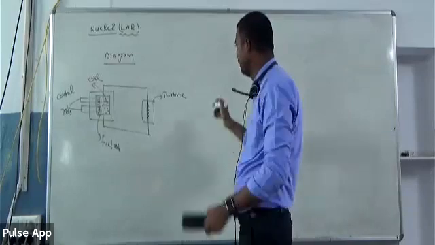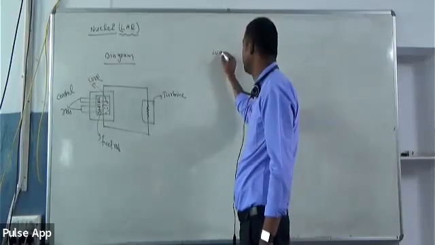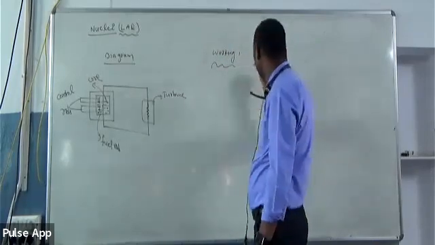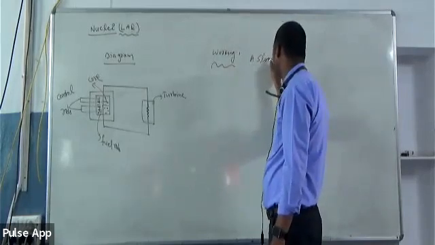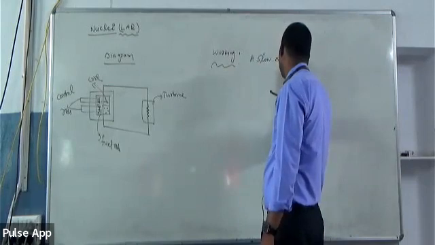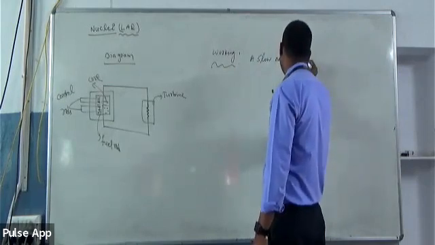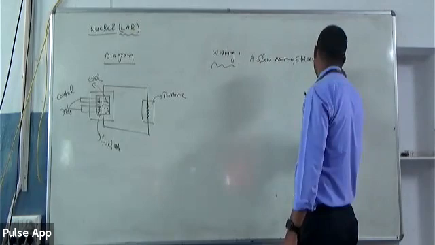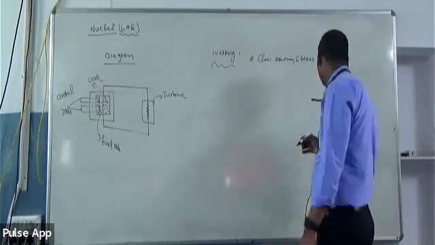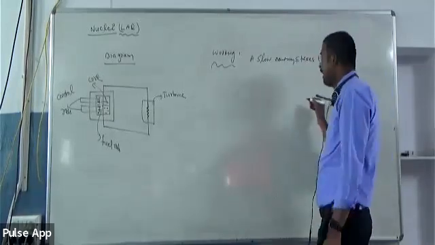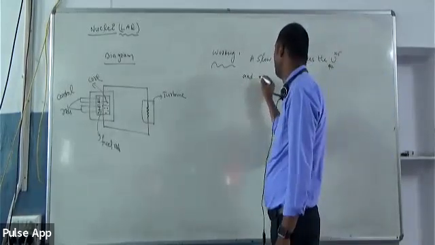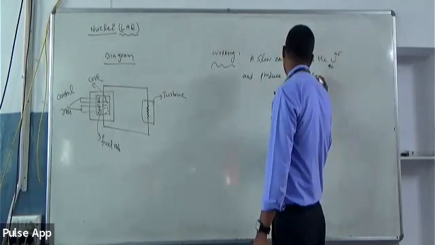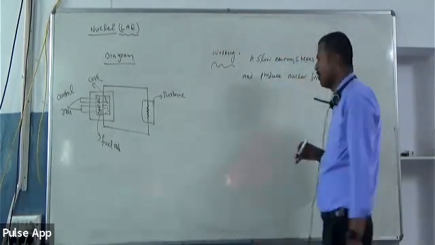How to explain the working here: a slow neutron strikes the enriched uranium, uranium 92-235, and produces the nuclear fission reaction, nuclear fission.